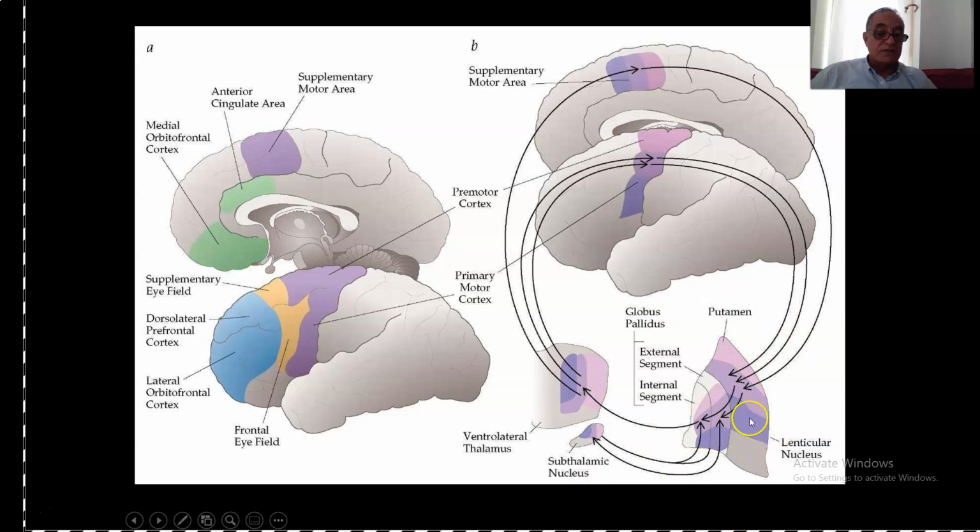Externus, as we said, sends impulses to the subthalamus, internus forms the circuit to the lateral ventral nucleus of the thalamus, which is our concern here, then going to the supplementary motor area, the premotor area, the extrapyramidal area, the premotor cortex, and it goes back again to the putamen, and the circuit continues.